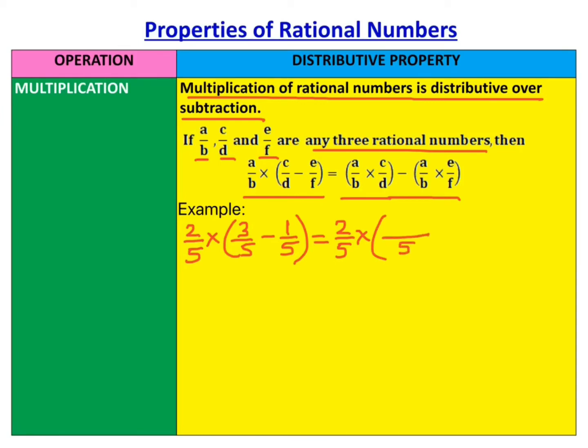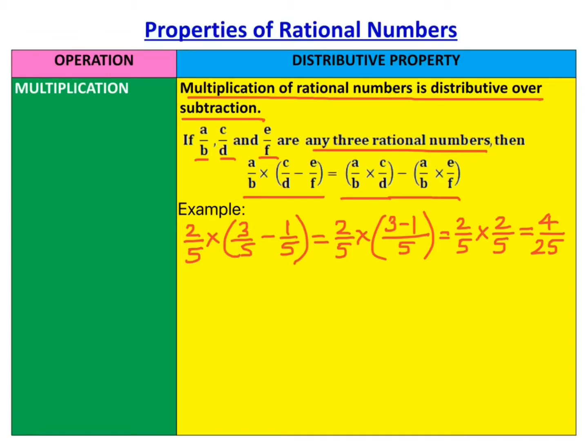We will take 5 as the common denominator and subtract the numerators. 3 minus 1 is 2, so this is 2/5 times 2/5. Since we don't find any common factors to cancel, let's multiply the numerators together and the denominators together. 2 times 2 is 4, and 5 times 5 is 25.